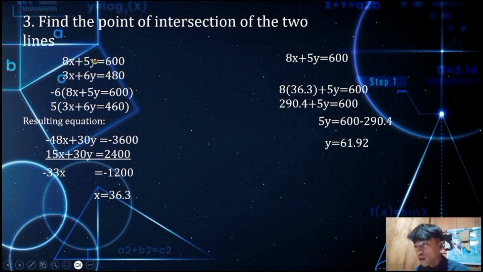So 8x plus 5y equals to 600, and 3x plus 6y equals 480. So, yung gagamitin natin pala dito sa pag-compute ay elimination method. So, ito siya.